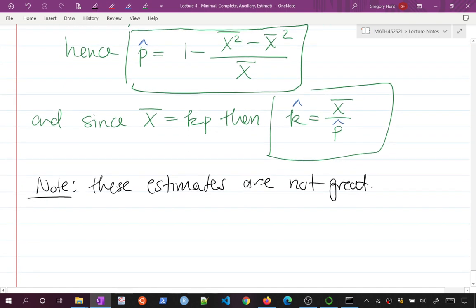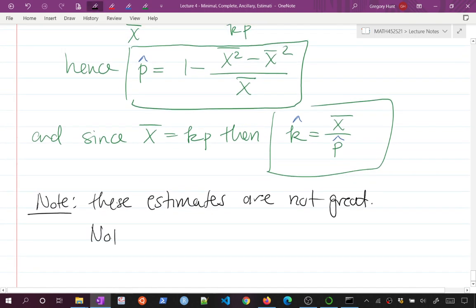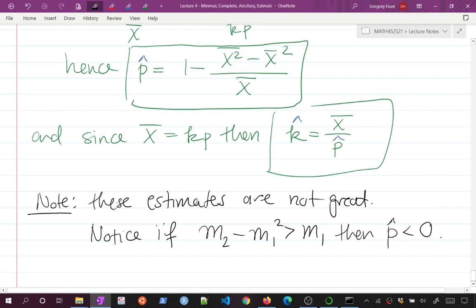Why are they not great? Because notice that if m2 minus m1 squared is bigger than m1, so there are some conditions, there are some conditions where I could get a p hat that is negative. What?